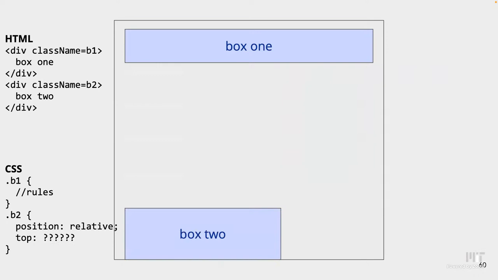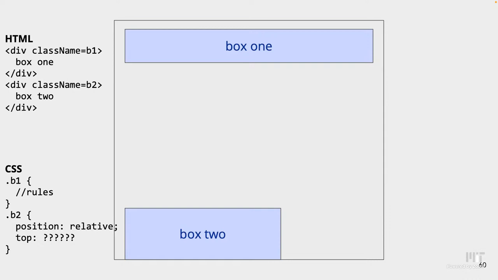But what if you want an element to sit at the bottom of the page like this? If you're on a different device, that value might be different. You might have more stuff. The stuff in between might take more space, less space. And calculating the specific value that you need to place it relative to box one might be a hassle.